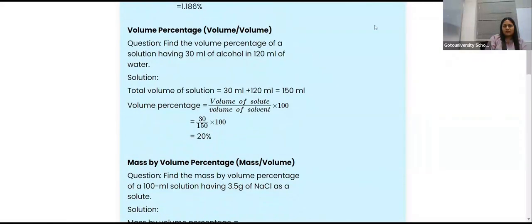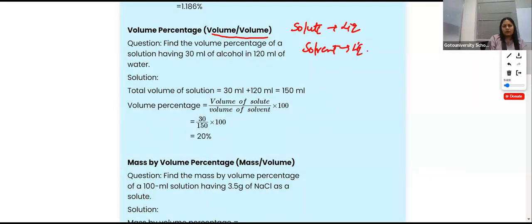Next, let's do an example for volume by volume, where the solution is made from both solute and solvent being liquid. That is why it is termed volume by volume.